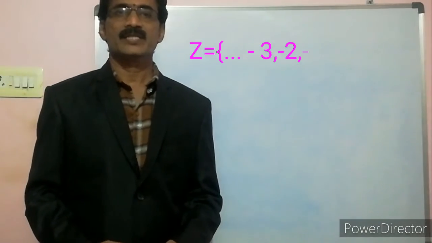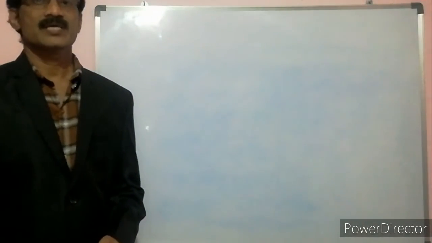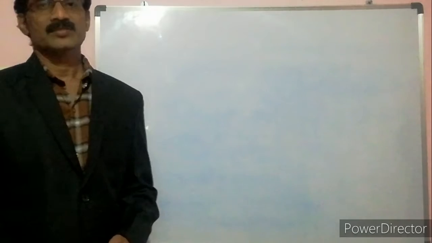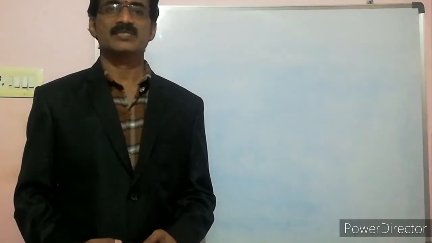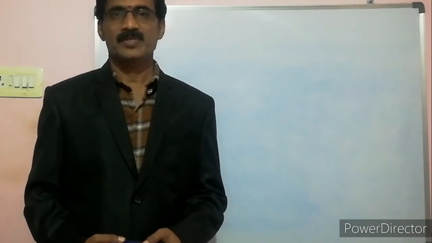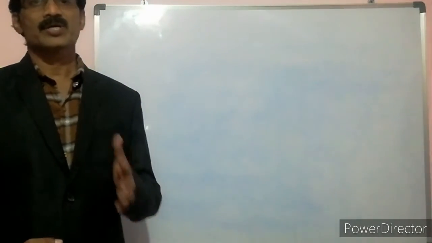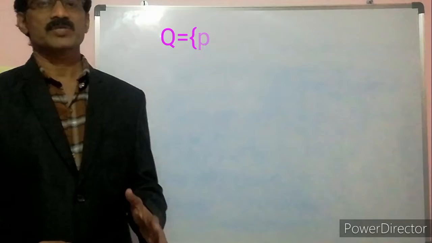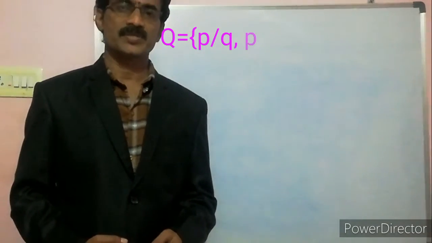The next number set is rational numbers. So what are rational numbers? Rational numbers are in the form of p by q, where p and q are integers and q must not be equal to 0.